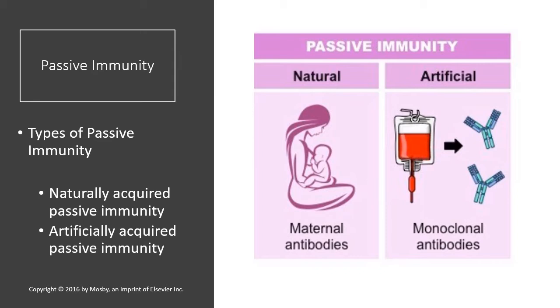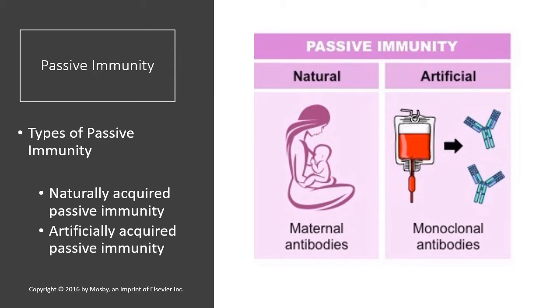Now let's go on to passive immunity. Passive immunity, there are two types, naturally acquired passive immunity and artificially acquired passive immunity. And hopefully these pictures that I'm posting will help. Sometimes when the body is exposed to things, the antibodies are produced by the body, correct?